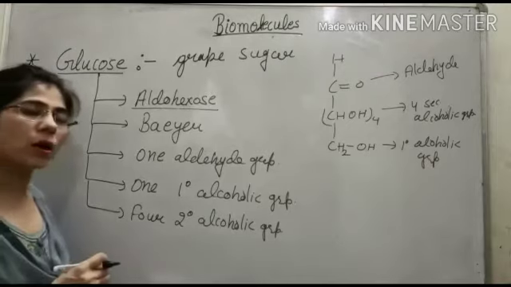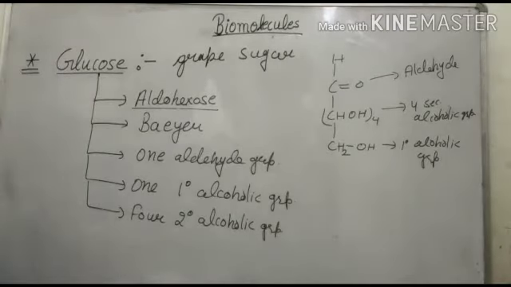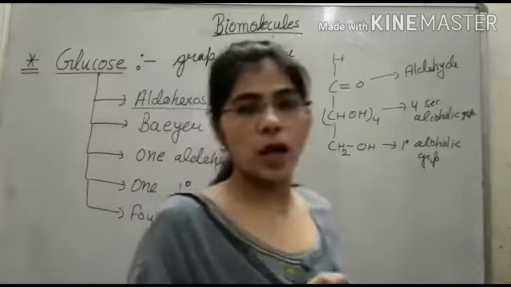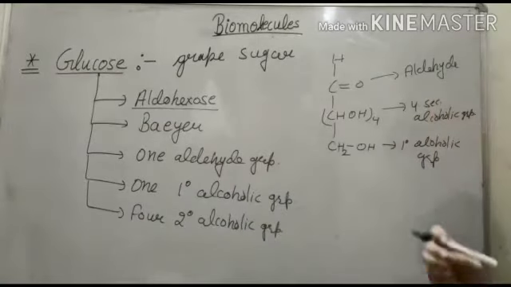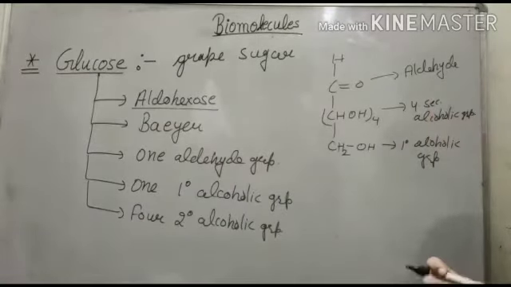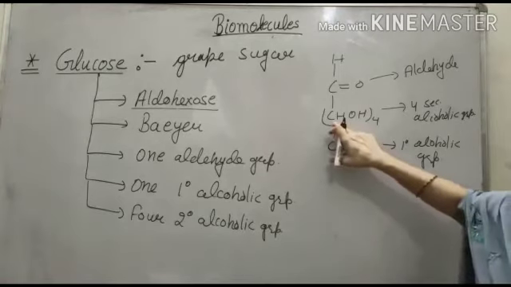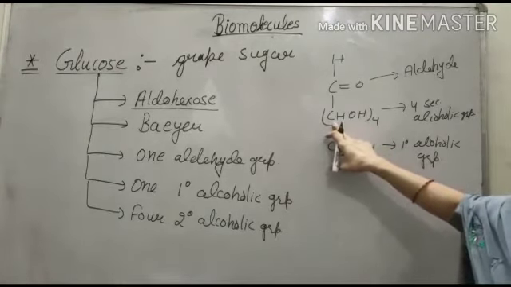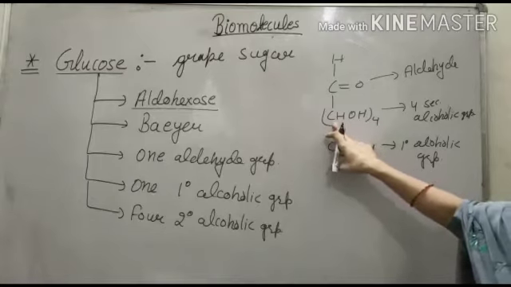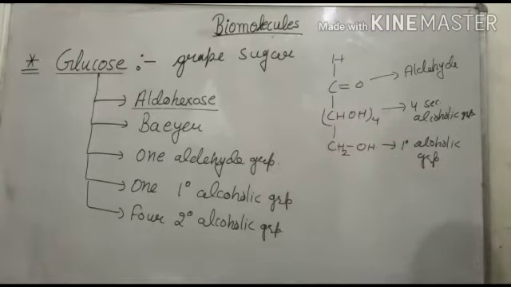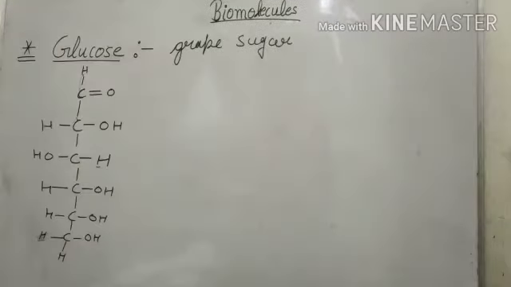A primary carbon is one that is attached to one other carbon, and a secondary carbon is attached to 2 carbon atoms, or we can say it forms 2 bonds with carbon atoms. If the hydroxyl group is present on a secondary carbon, then it is called a secondary alcoholic group.